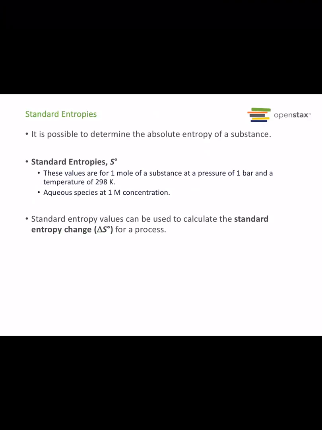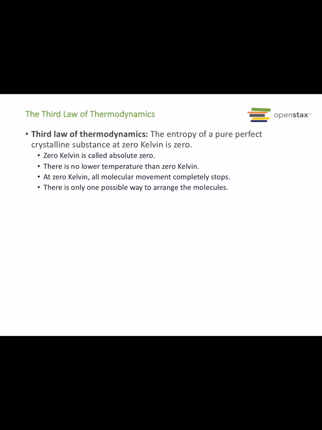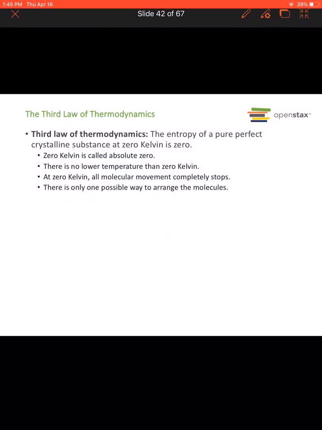So the third law states that S of a pure, perfect crystalline substance is equal to 0. And I'll show you what that looks like. But again, it has to be at 0 Kelvin, not degrees.